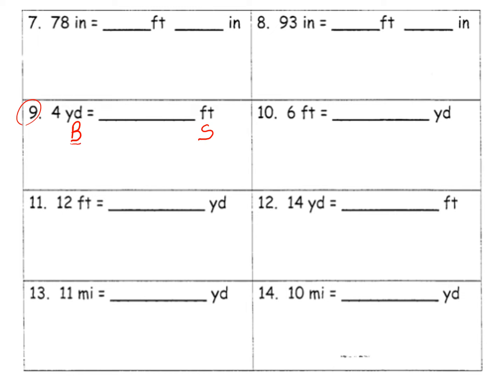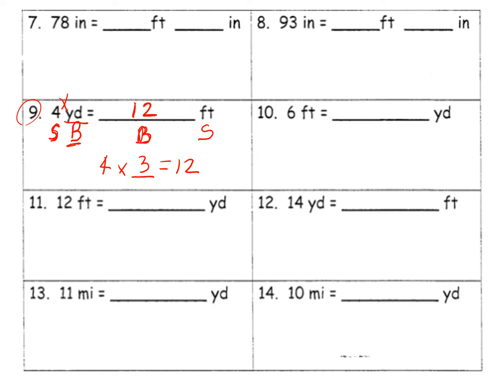Well, if I have a B right here, I need a small. So this number is small, which means this number must be the opposite, which is big. How do I find a big number? We multiply. So 4 times how many feet equal 1 yard? The answer to that question is 3. So 4 times 3 equals 12. So 4 yards equals 12 feet.